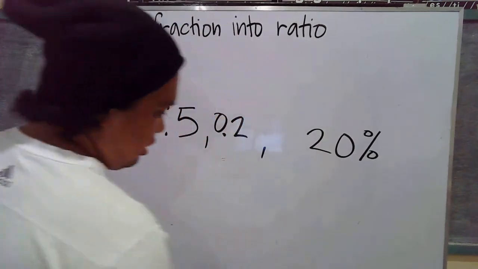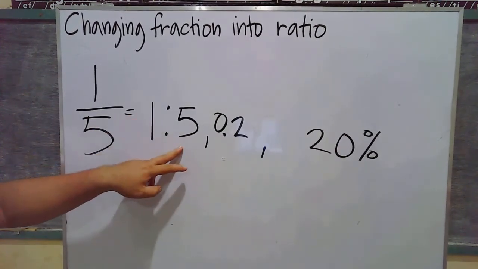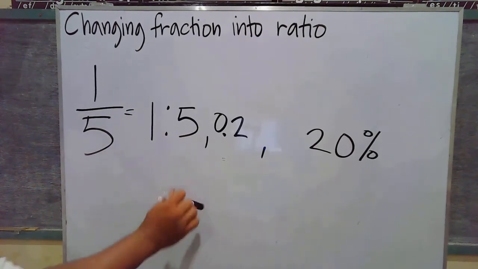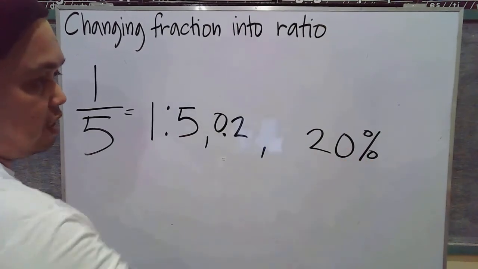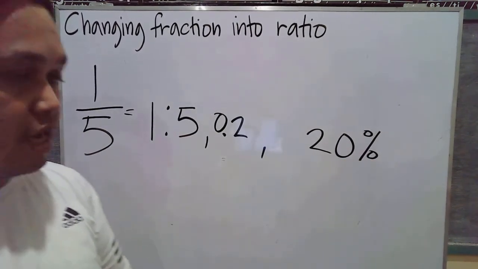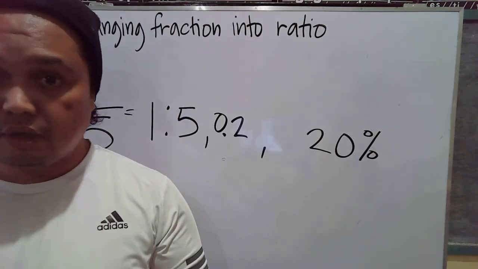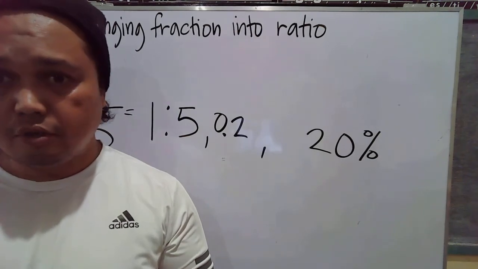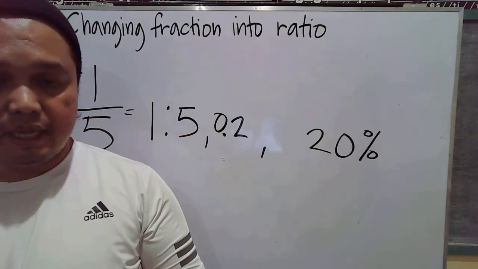So our answer is 1/5 for its fraction form, 1:5 for its ratio form, 0.2 for its decimal form, and 20% for its percent form. Okay? So that's how you change a fraction into a ratio, to a decimal number, and to a percent.